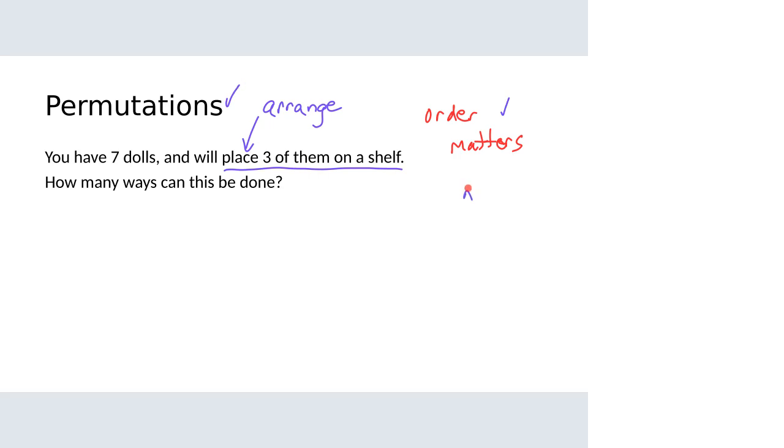Many of you probably solve a permutation like this with the permutation button on your calculator, but just in case, you never know, the calculator might not do what you want it to on the day of the exam. Our formula for a permutation involves factorials and looks like this. Doing this one by hand, we have 7 total dolls, and we're going to put 3 of them on the shelf.